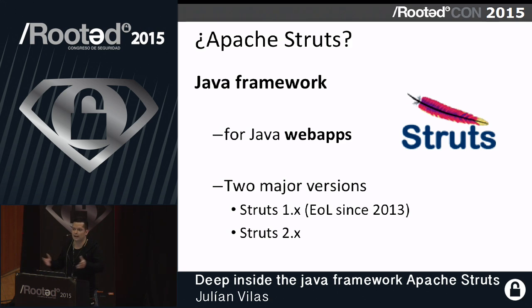There are two main branches or versions, branch 1 and branch 2. Branch 1, as you know, was discontinued in 2008, and since 2013 there are no patches at all for it.